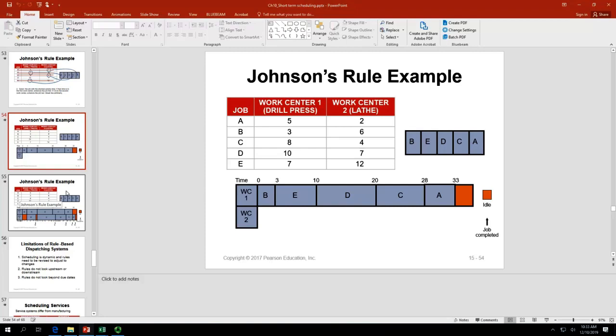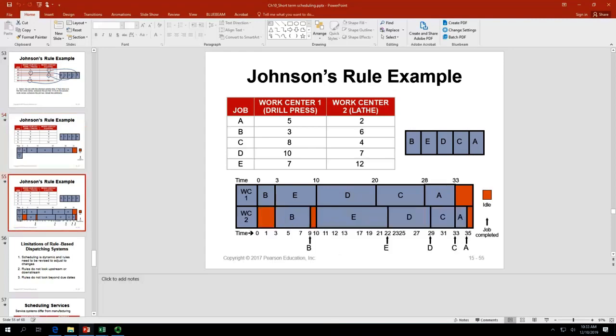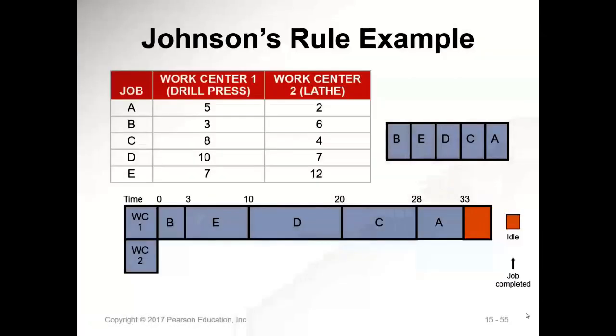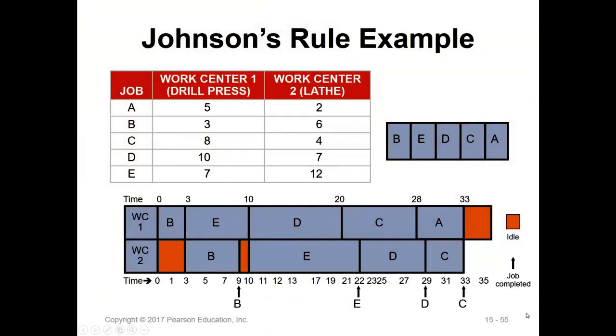I do have this type of question in the final exam. So you need to cover the result, and then try on your own to see if you can use the Johnson rule correctly. If you can generate the result, finish time correctly.